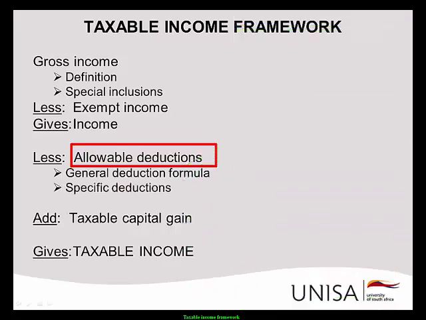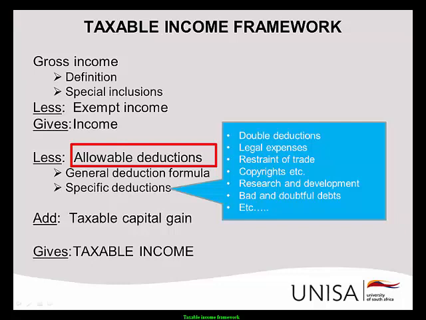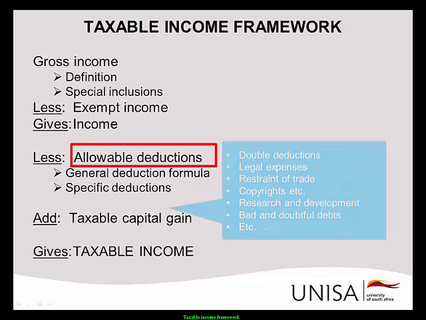Next is specific deductions. These are expenses that are identified in the Income Tax Act as deductible. You will need to be able to identify these so that you don't waste time trying to apply the general deduction formula to them, and so that you go straight to the specific rule for that type of expense. These deductions include things like bad debts and doubtful debts.